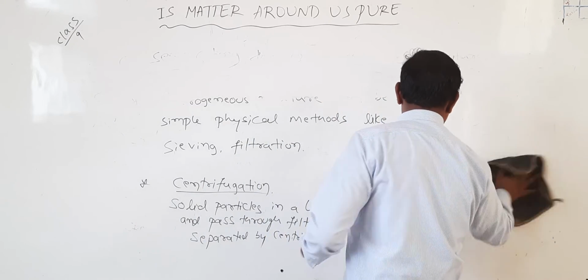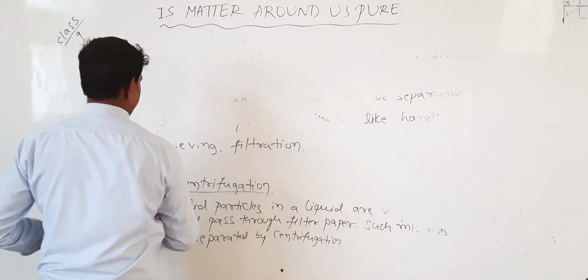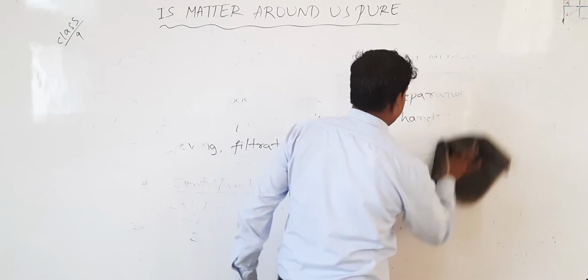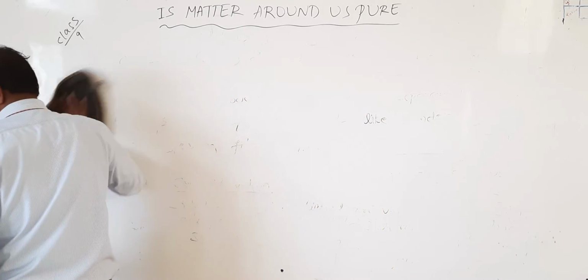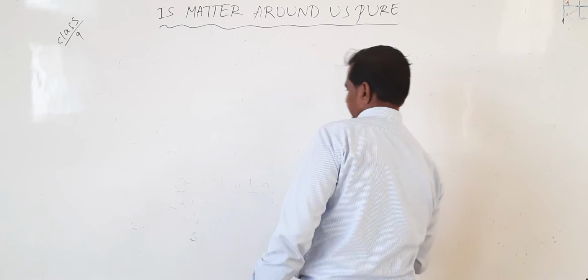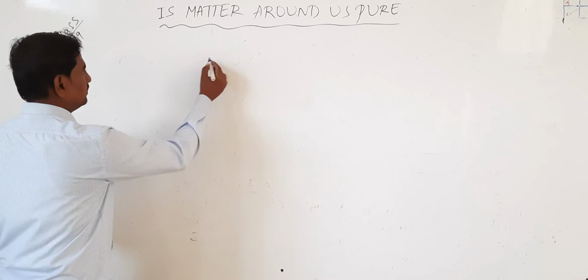There is one apparatus called a separating funnel, and we use it for the separation of two or more immiscible liquids.